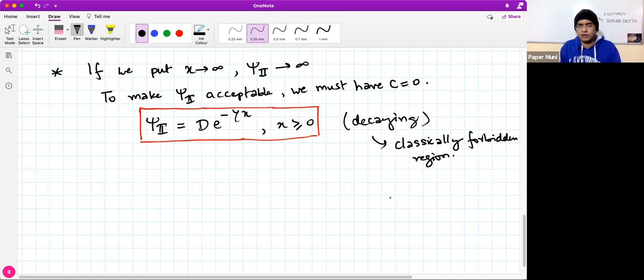With the invention of attosecond lasers, where the pulse width is on the order of 10 to the minus 18 seconds, it is possible to have some measurement of the time spent by the particle inside the barrier.